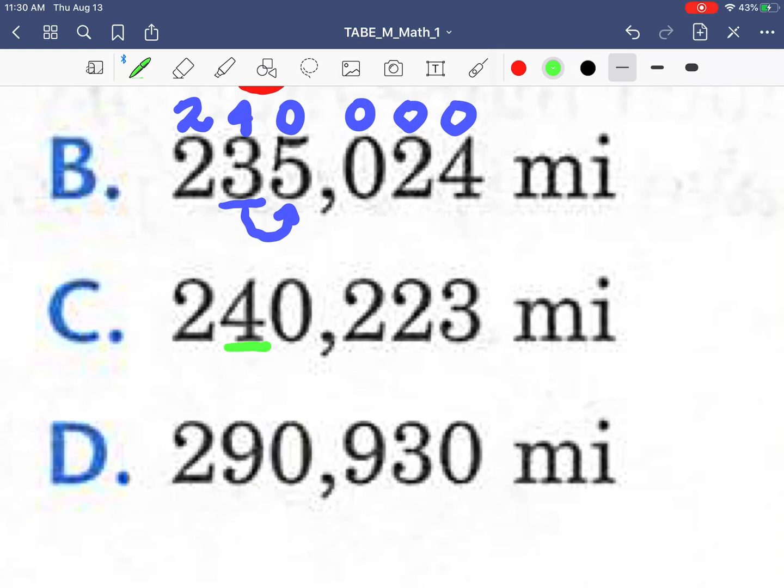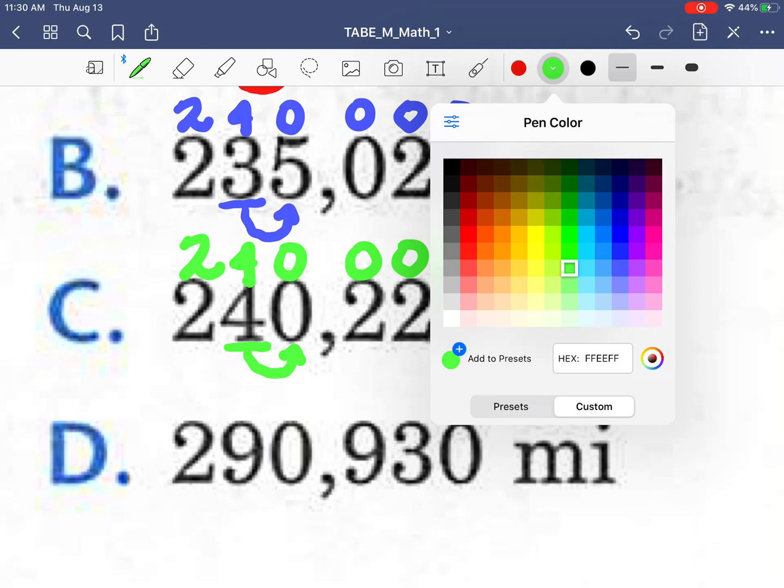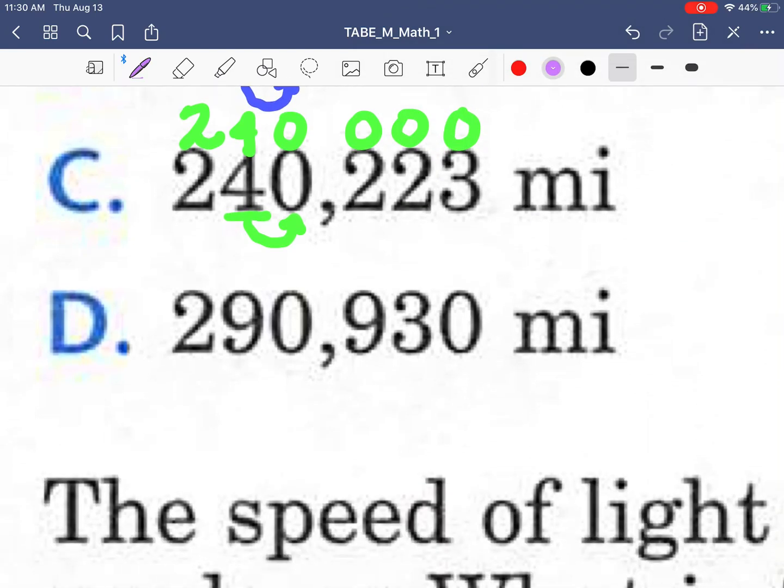Point of reference. Neighbor says stay. So that stays the same. The neighbors round off. And the leader doesn't change. Point of reference. Neighbor says stay.